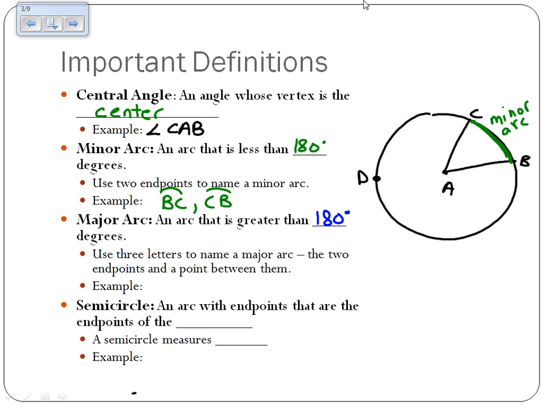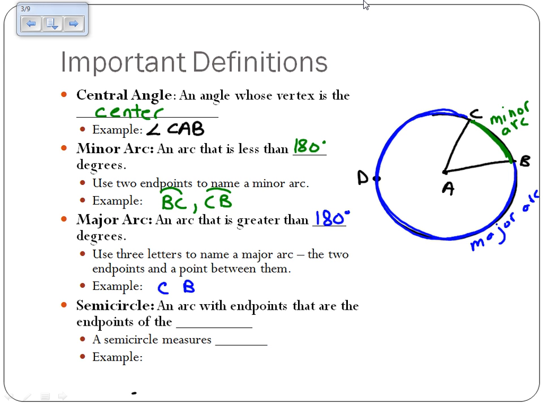So if I wanted to name this major arc, which goes the long way, everybody see how it goes the long way around the circle? We need to use 3 letters. We still use the same endpoints, so we can still name it CB. But in the middle, you also have to put one of the points that it goes through.